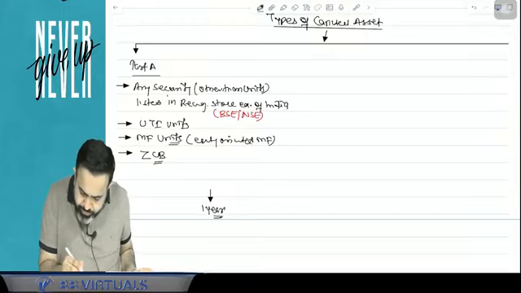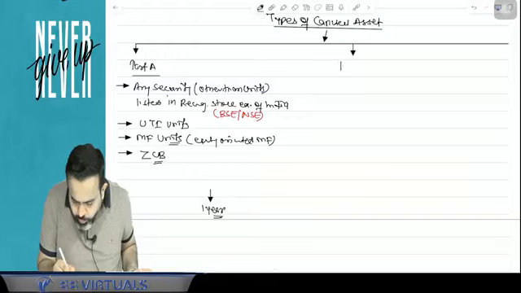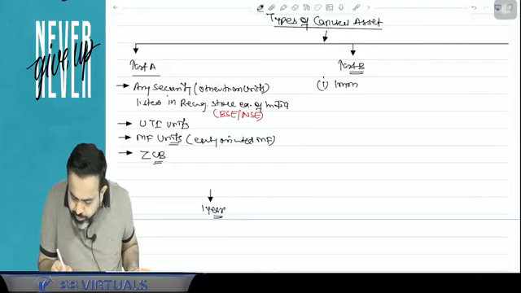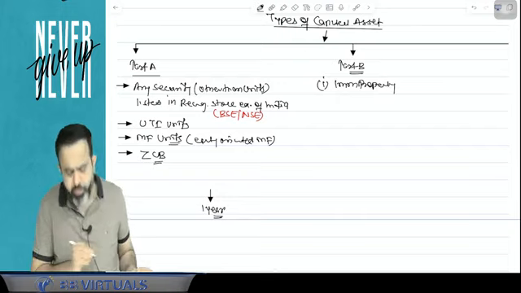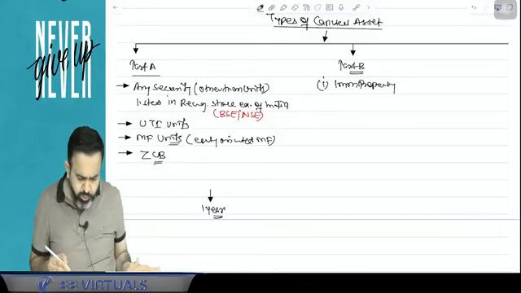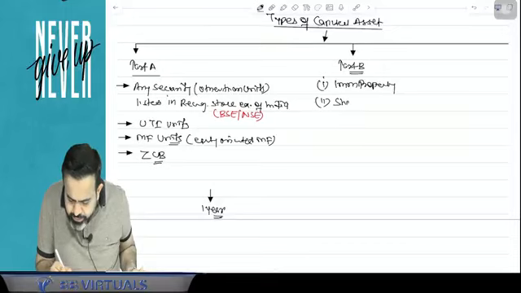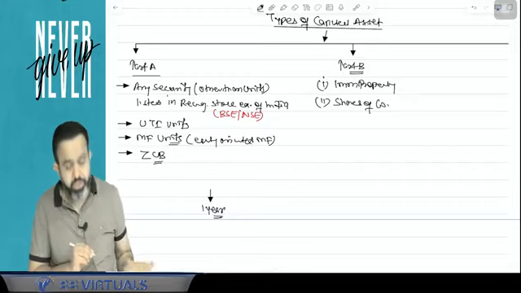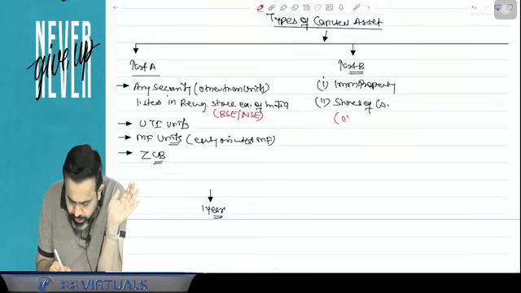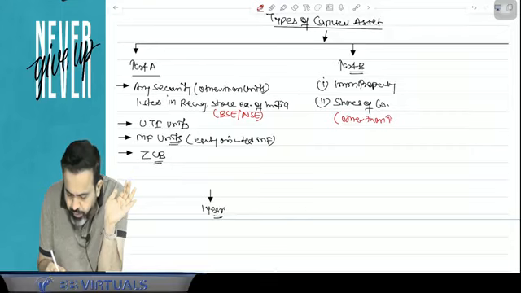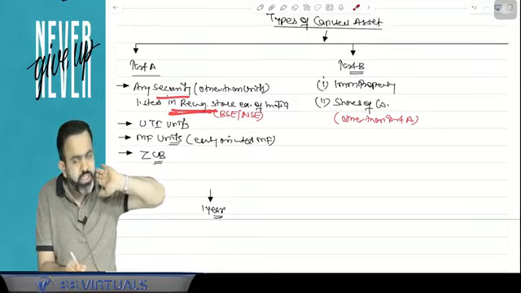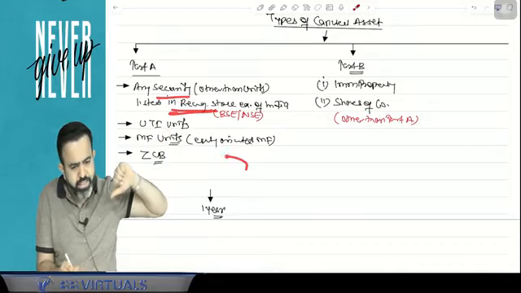Now second is part B. Part B says that any immovable property, immovable property means land, building, or land and building, that is called immovable property, or guys, any shares of a company, means shares which are not covered in part A, other than part A. So other than part A means if any listed company share in a recognized stock exchange in India, then 1 year.